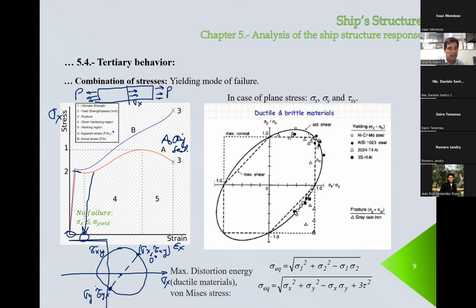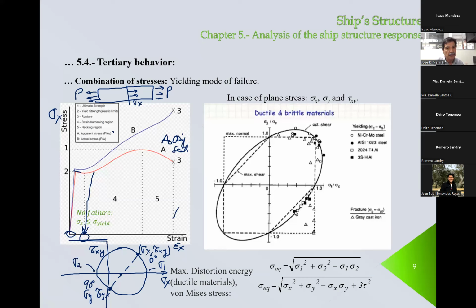So this is valid for 90 degrees. So you have this x, you change 90 degrees and you go to sigma y. So that's what you have here. Okay, so that's your Mohr circle. And in here, this is what we call sigma 1, and this is what we call sigma 2.